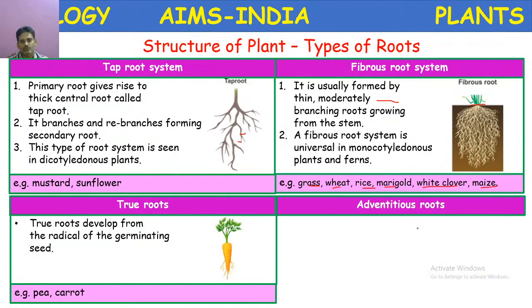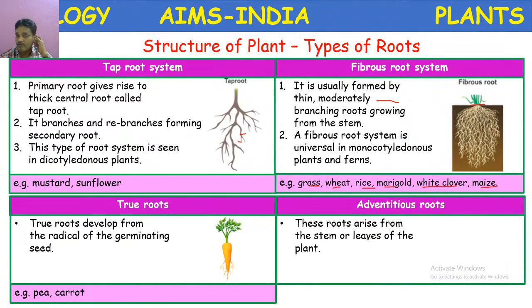Next, adventitious roots. This terminology is very important in the basics of IIT and medical foundation, particularly. What are adventitious roots? Roots which are developed other than from the radicle. Actually, in the embryo of a seed, the radicle develops into the root system and the plumule develops into the shoot.